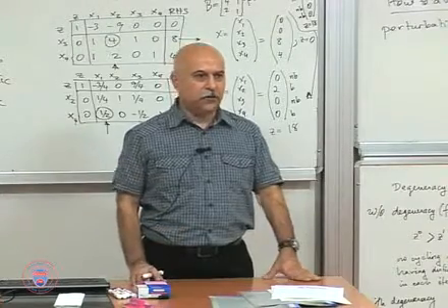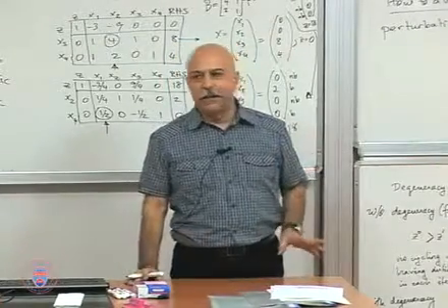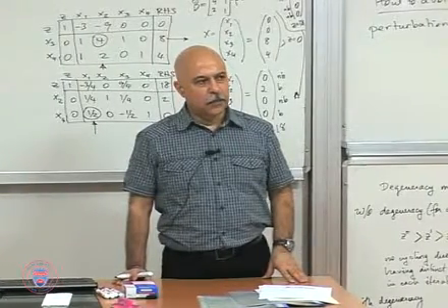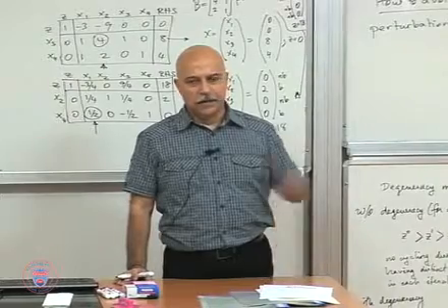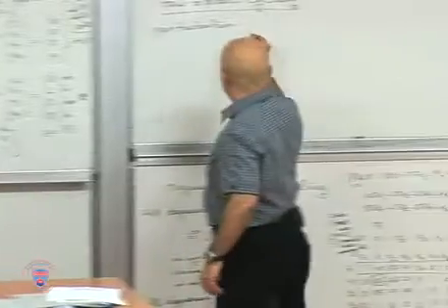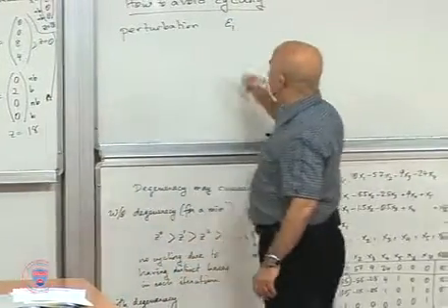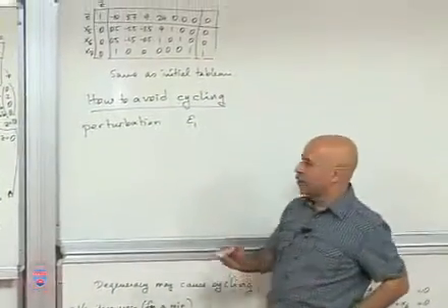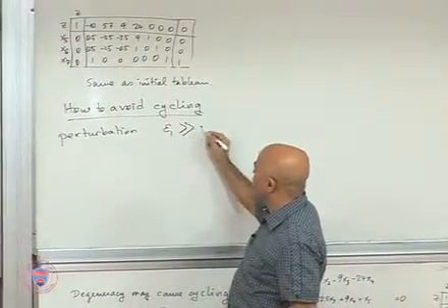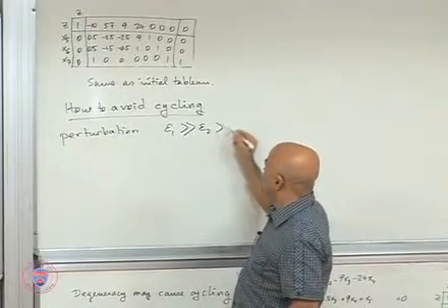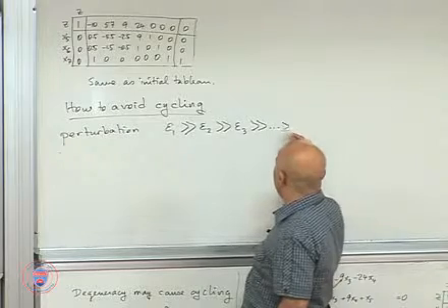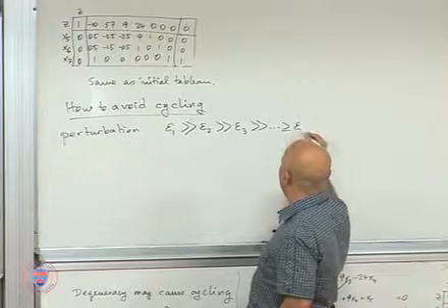But it turns out that you don't really need to specify the numerical value for that, as long as you take precautionary measures that the epsilons are ordered in the following way. For example, the first one is a real small number, but the second one is much smaller than the first one, and the third one is much smaller than the second one, and so on and so forth, up to the last one.